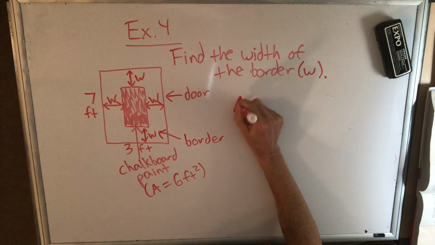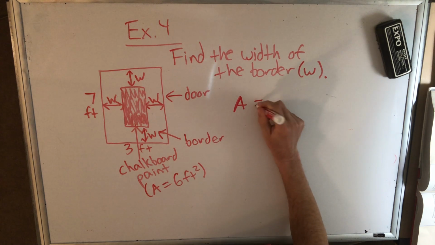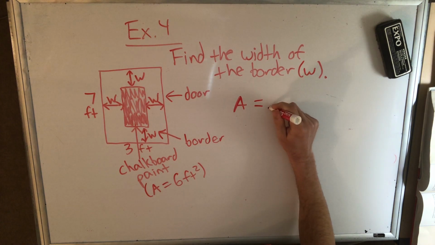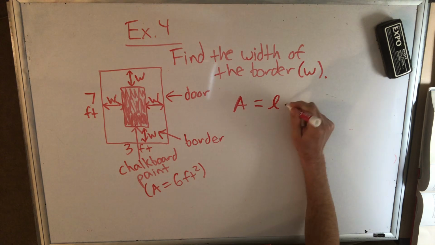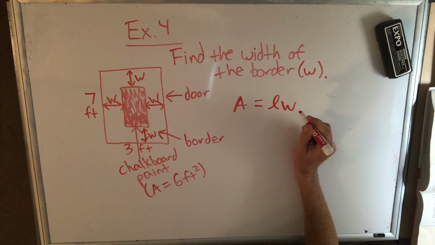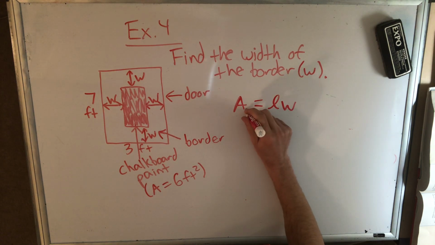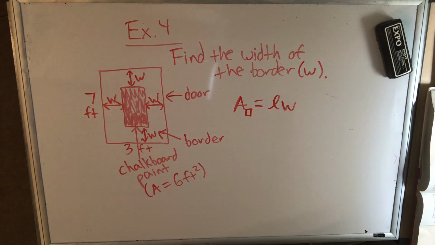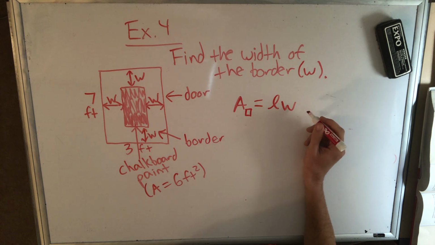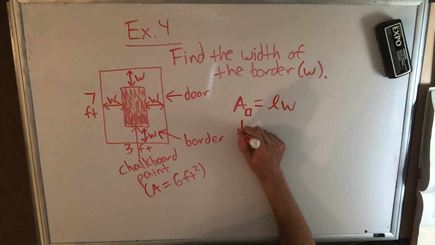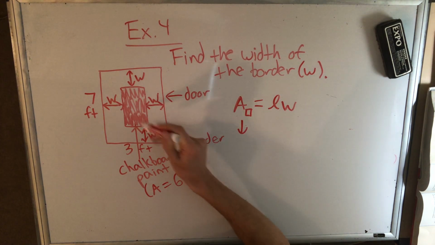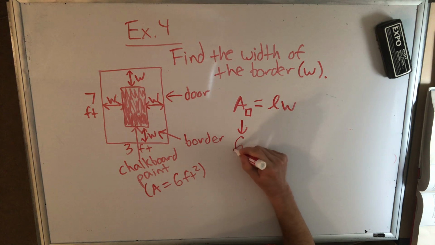So the area of the chalkboard paint is equal to the length of the chalkboard paint times the width of the chalkboard paint, because that's the formula for the area of a rectangle, and the chalkboard paint is a rectangle. So the area of that rectangular chalkboard paint is 6.